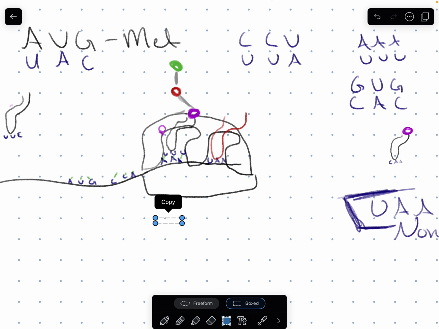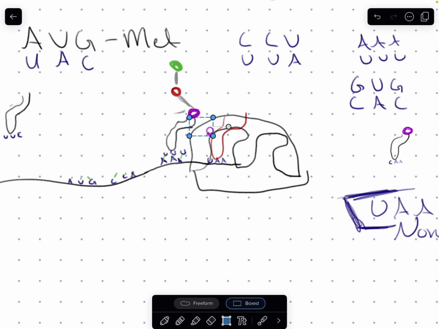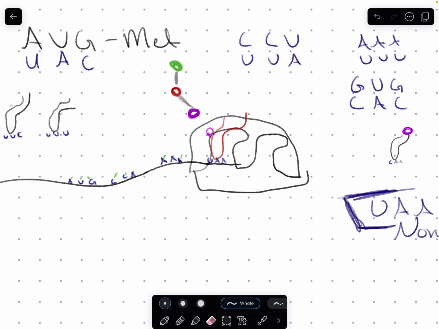So instead of bonds being formed up here, there are no bonds to be formed because there's no amino acid. Our little ribosome is going to move over. And again, our tRNA for this guy is going to float off uncharged. And what that is going to do is leave us with this beautiful little polypeptide chain. And this guy will just get spit out as the ribosome moves to the right.